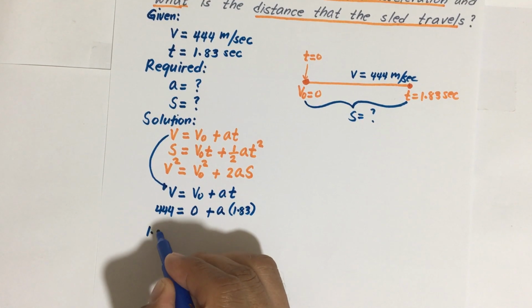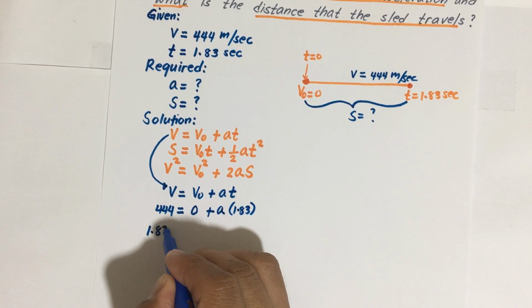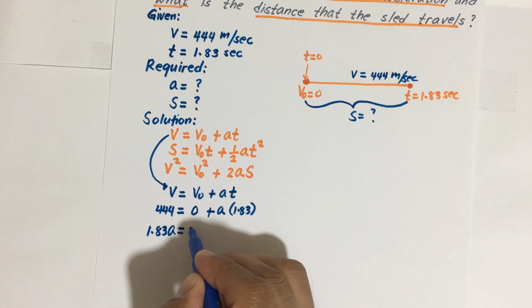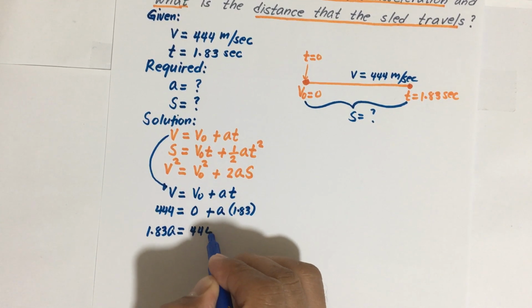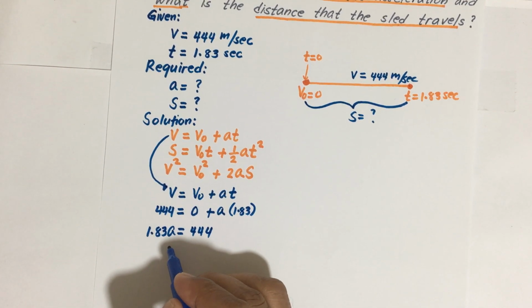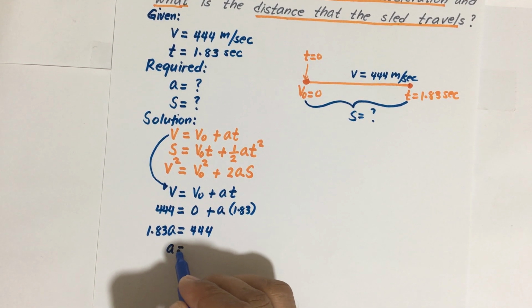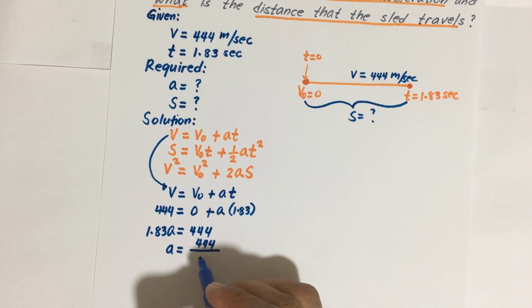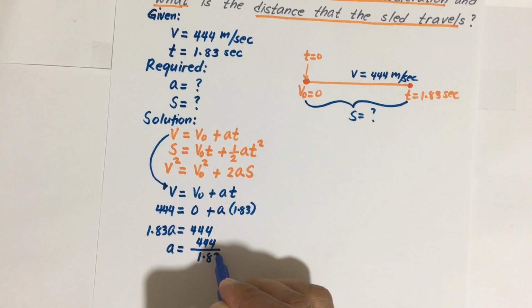So 1.83 multiplied by a equal to 444. Solving for a, divide both sides by 1.83.